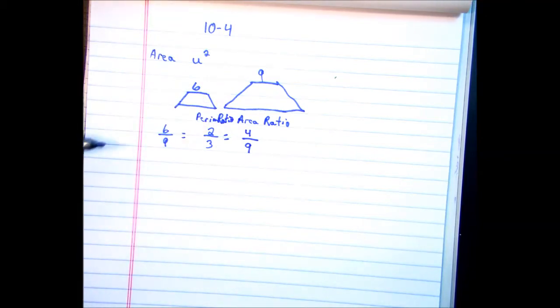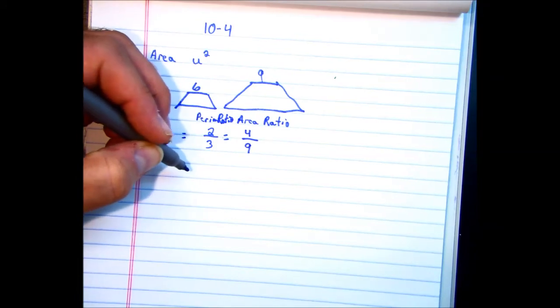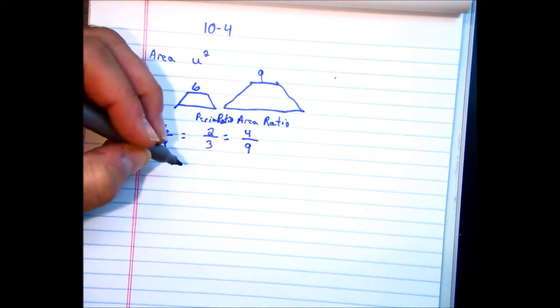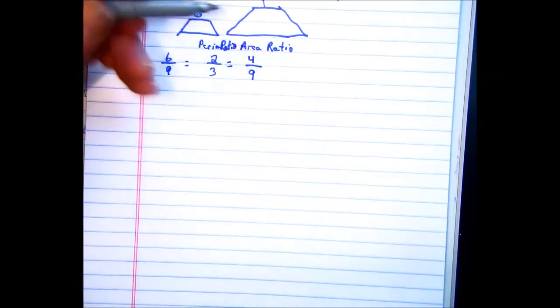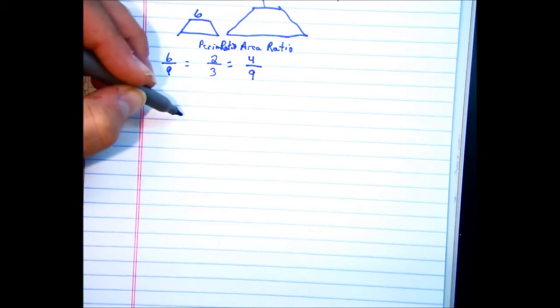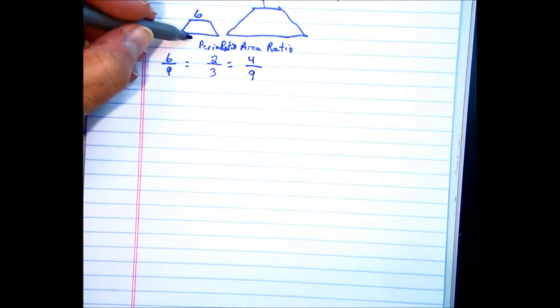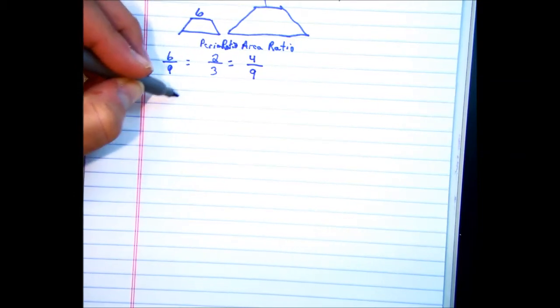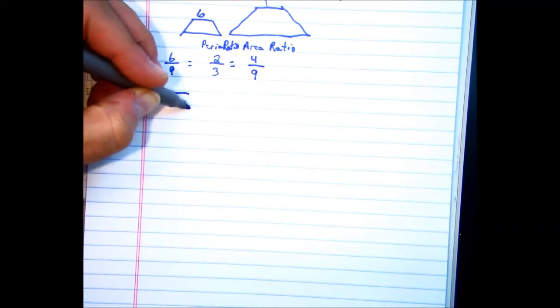All right, so let's look at another one. Let's say they gave me the similarity factor, or I'm looking at it and it's two pictures, right? And in this picture, we'll use a different shape. We'll use a square.